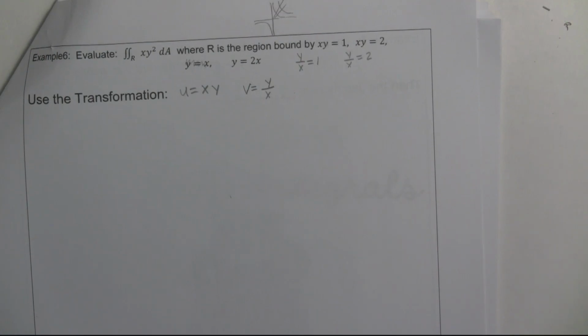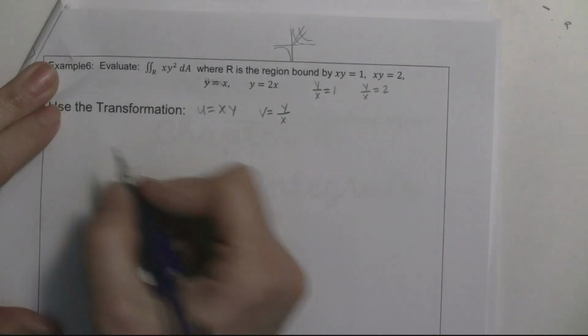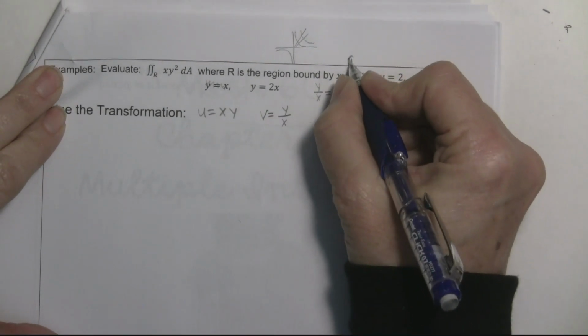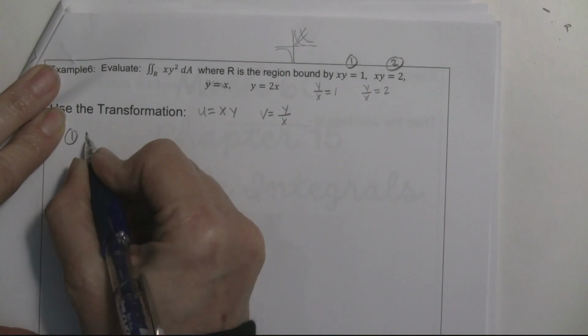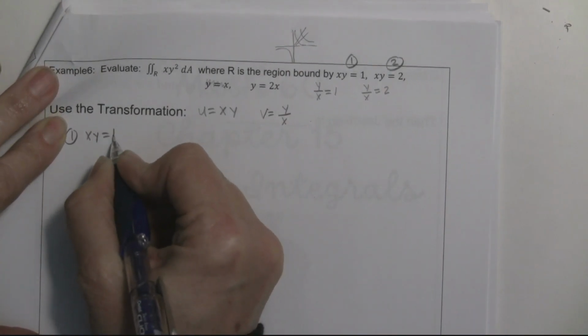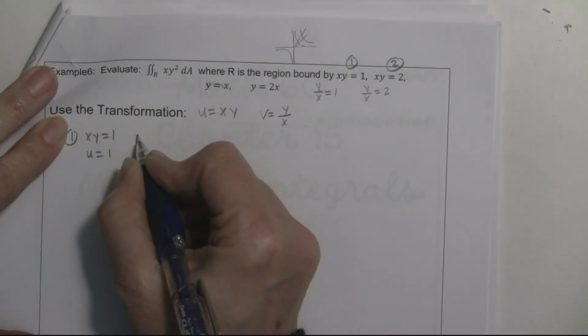Now, the only time that I really need to know what x and y are is when I find the Jacobian. So I'm going to label them here: equation 1, which was xy equals 1, is now u equals 1.